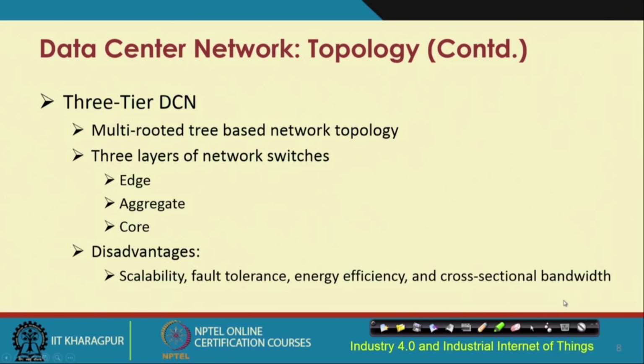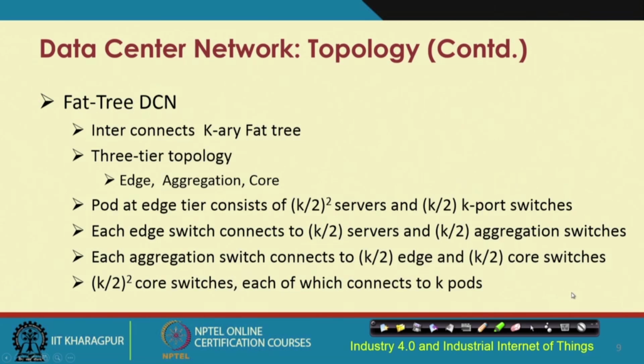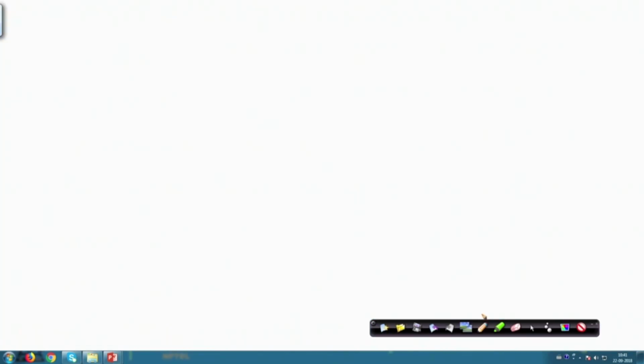The next one that we are going to go through is the fat tree DCN. Let us try to understand this particular fat tree DCN architecture. Very quickly I am going to show you what it has.